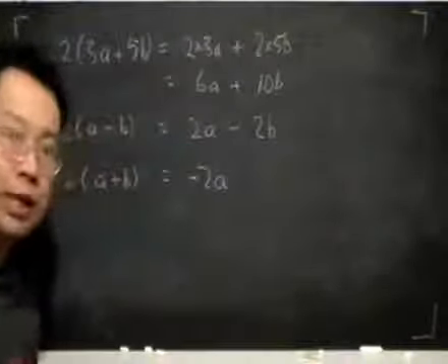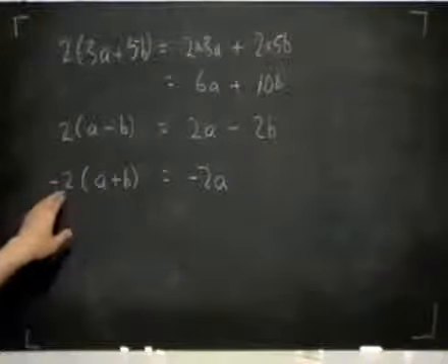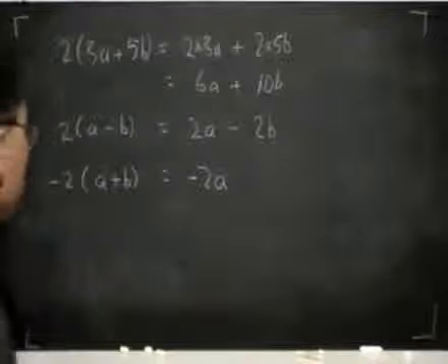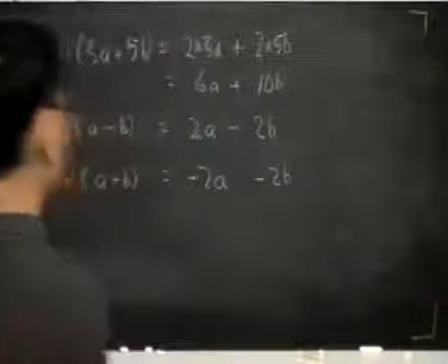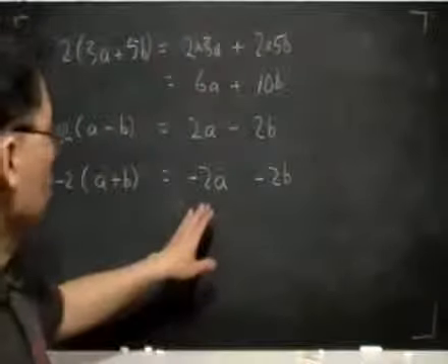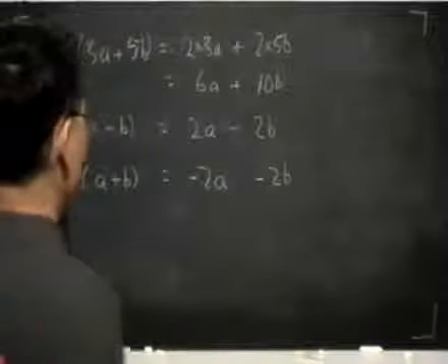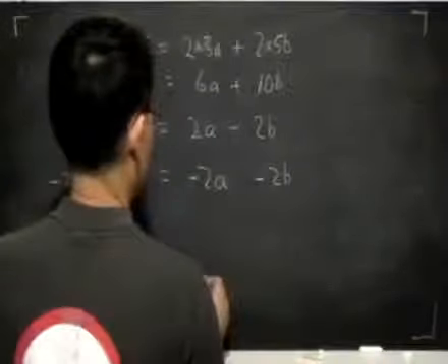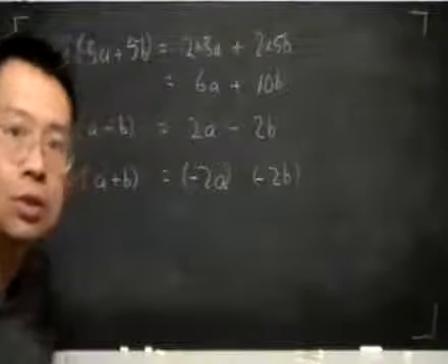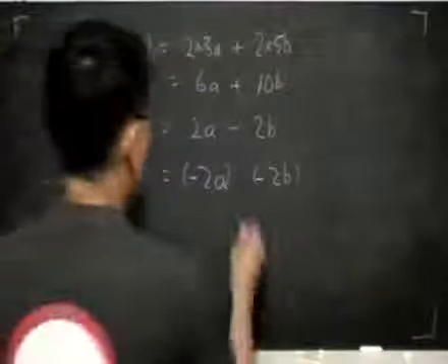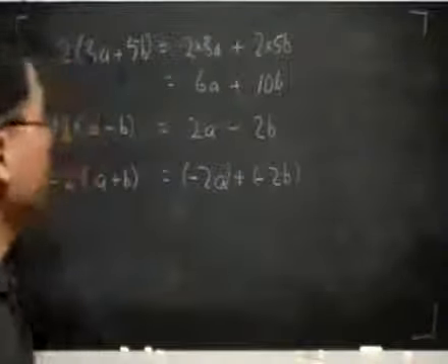When you remove the bracket, you have minus 2 times the first term, and minus 2 times the second term, so that's minus 2b. And these two terms should be added together. Let me write this, put a bracket around them, just to be safe, and say that we want to add them.